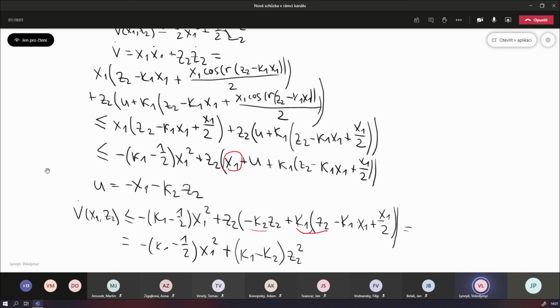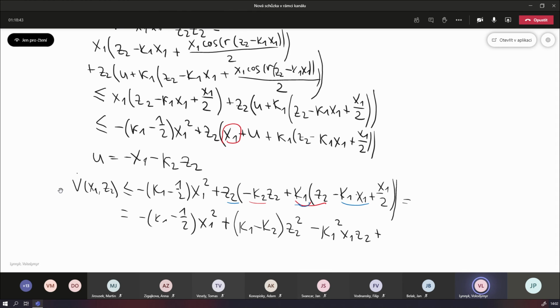And the last term is minus k1 squared, it comes from this part, and this is z2, and k1 squared x1 z2, and the last term plus k1 z2 x1, so divide 2.